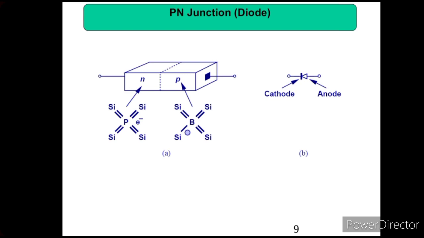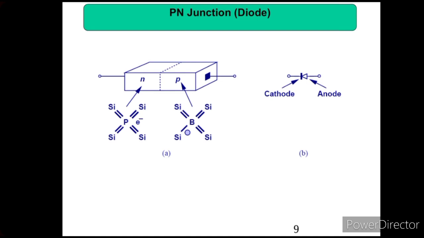Next, our main point is the p-n junction diode, which is made by p-type semiconductor material and n-type semiconductor material. In the n-type semiconductor material, the electrons are majority carriers and holes are minority carriers, because in the silicon material we add a pentavalent impurity.